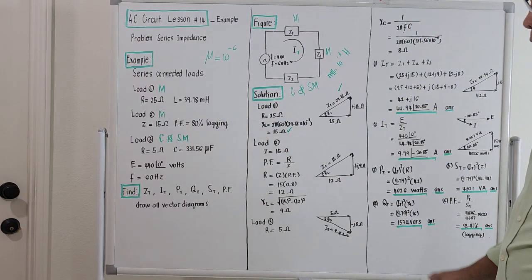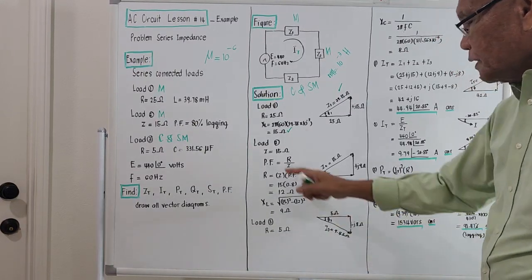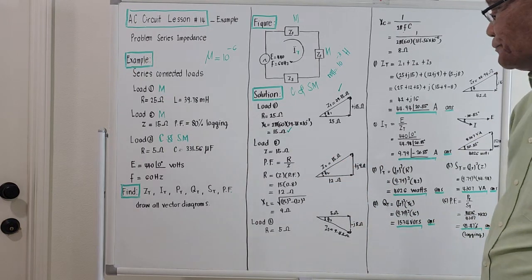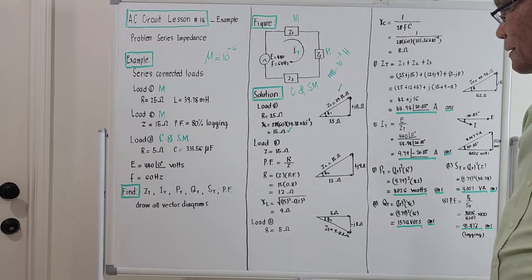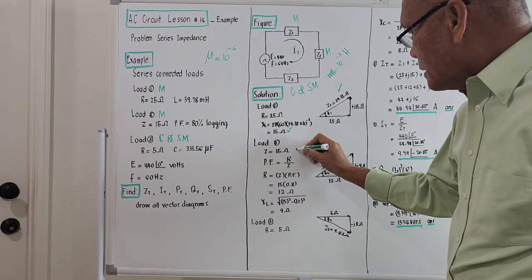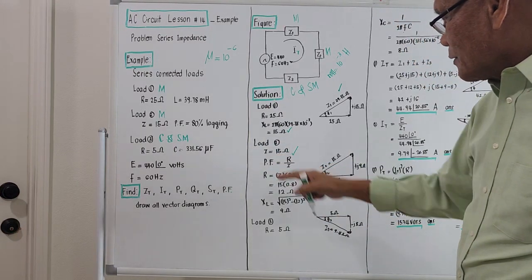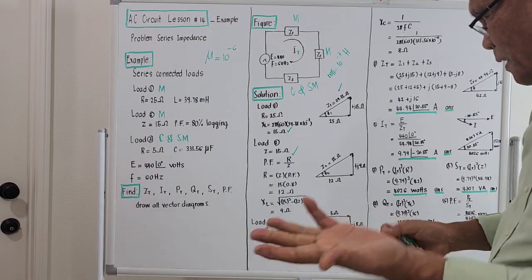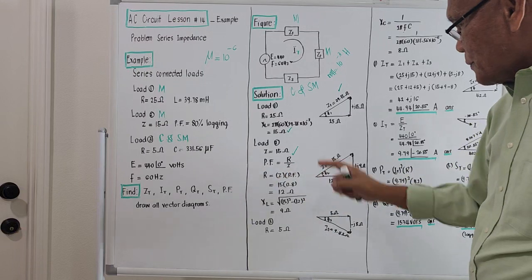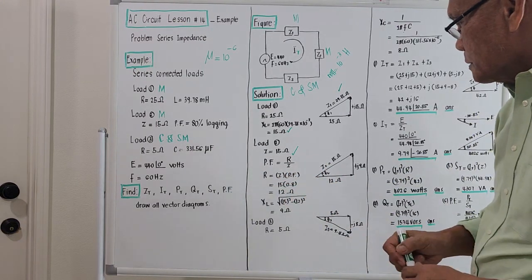From one of the definitions of power factor, it is the ratio of R over Z. Because we are given the power factor, we can compute for R. So R will be Z times power factor, 15 times 0.8, exactly 12 ohms.